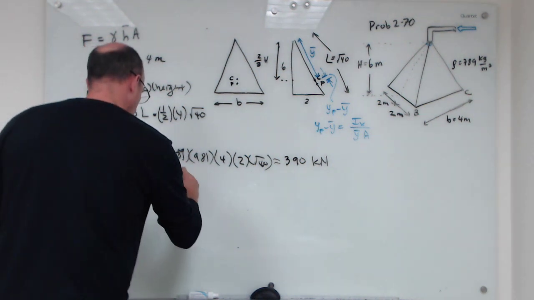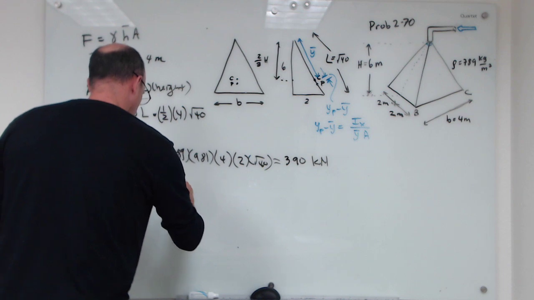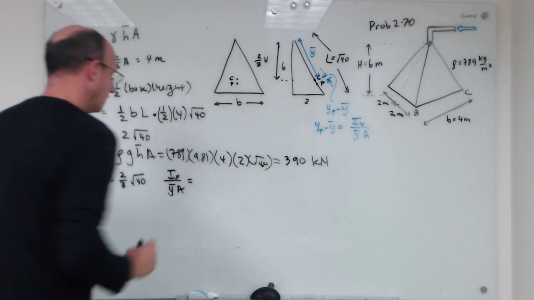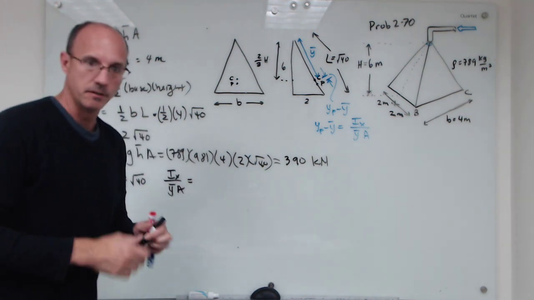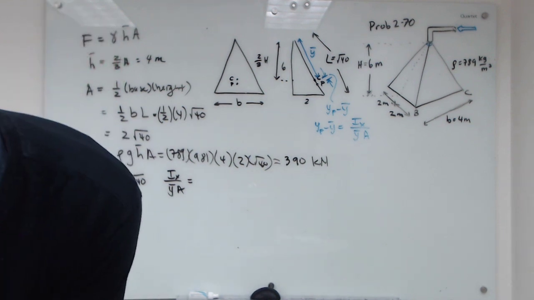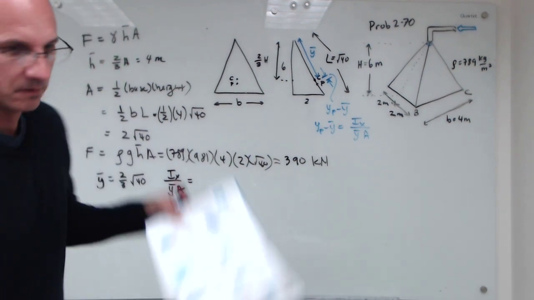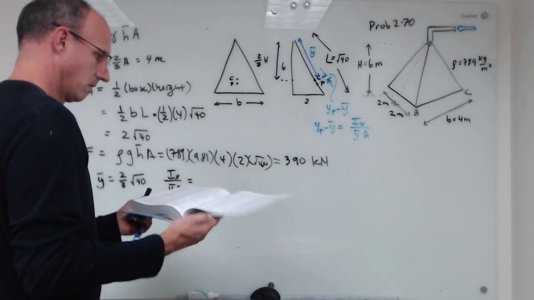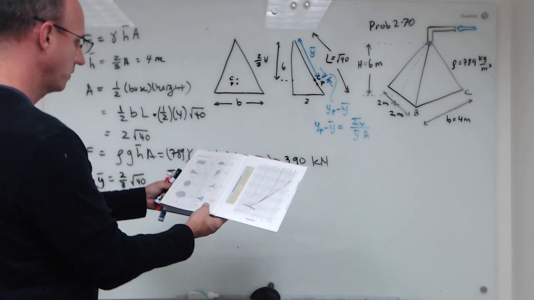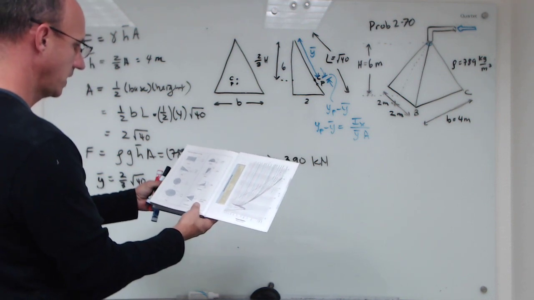And then Ix over y bar A. Ix, we'll have to go to our tables for that. So we go to our textbook, go to the back and ask, what's the moment of inertia for a triangle?